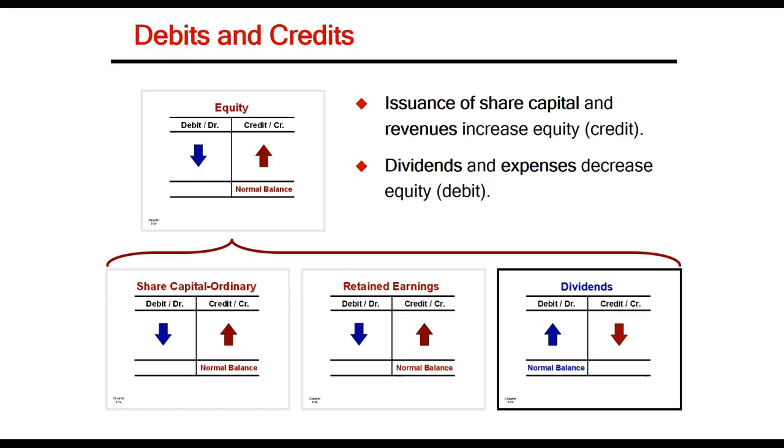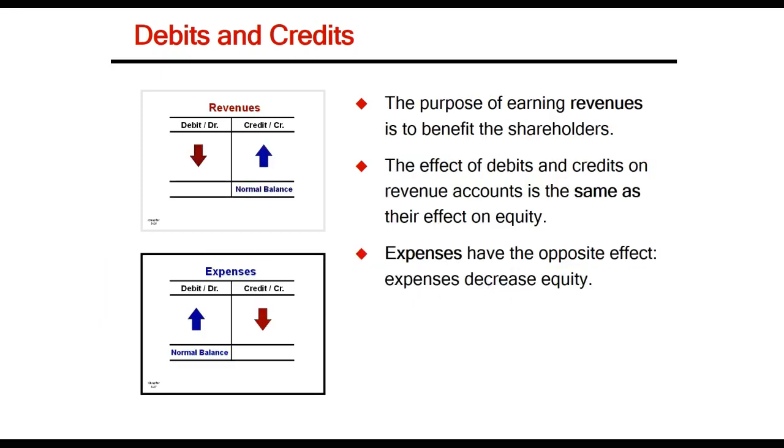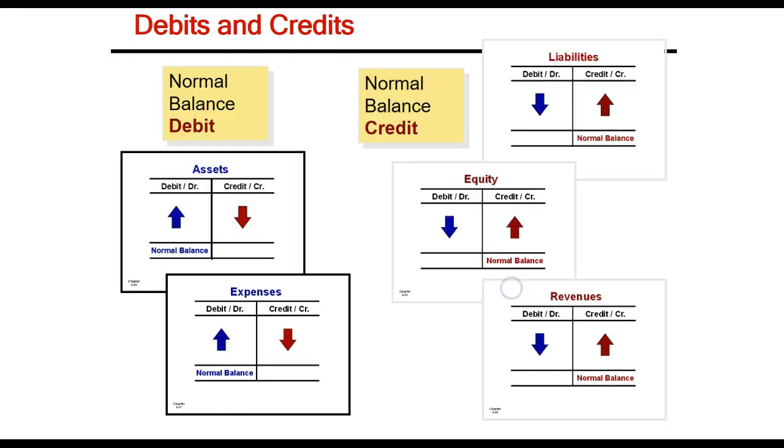So when we earn revenue, the credit side will increase. When we incur expenses, the debit side will increase. Now, we never have a reduction in revenue, so we're never going to have a debit to revenue. And we don't have, as you know, deduction in expenses, any transaction that will reduce expenses. So there will never be a credit to an expense account.